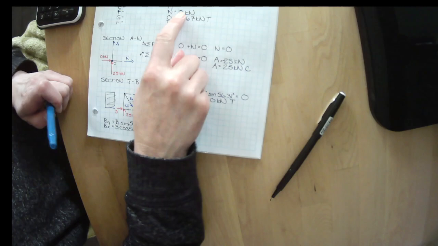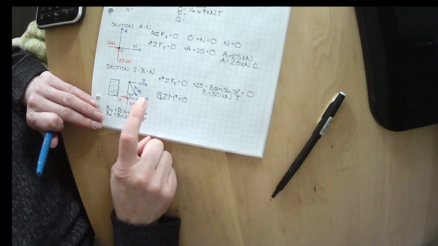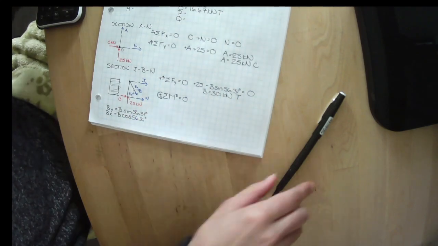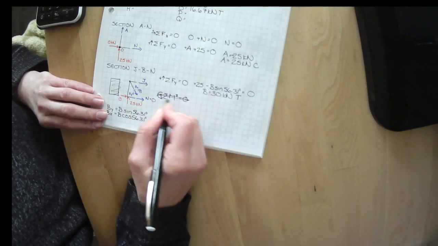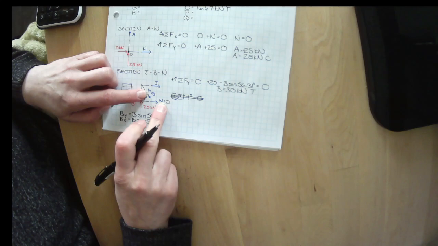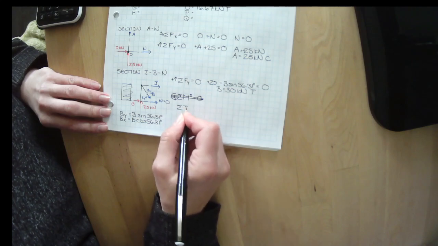Look, we've already solved for N here. We know that N equals 0. I'm not going to use that equation. We now know B, we now know N. We want to know what J is. J is the only thing we have left that we don't know.